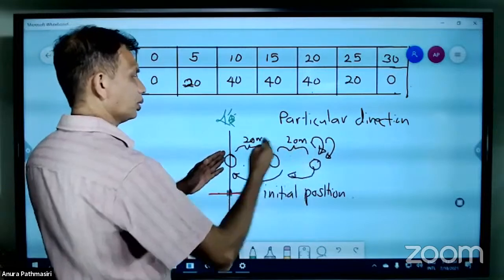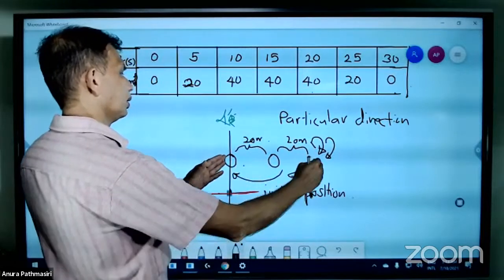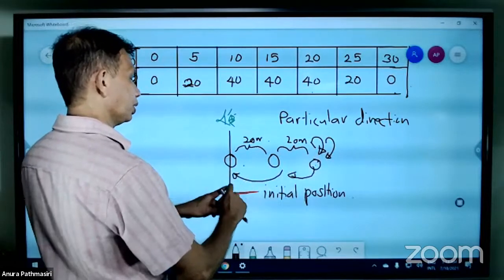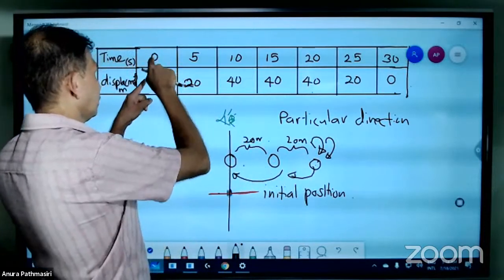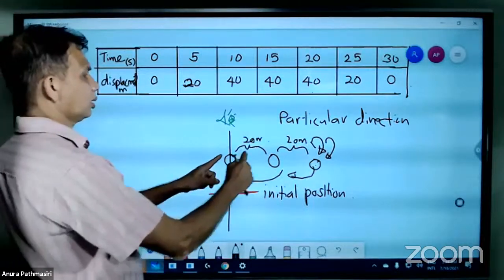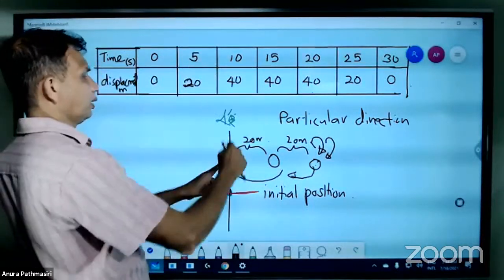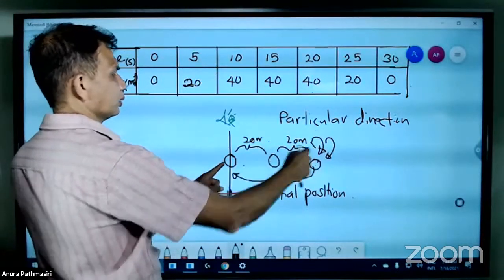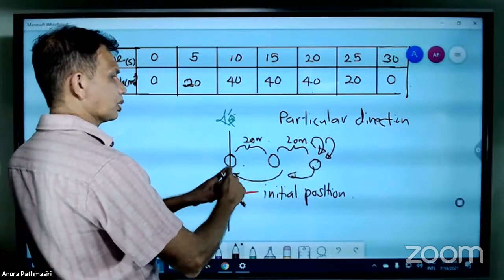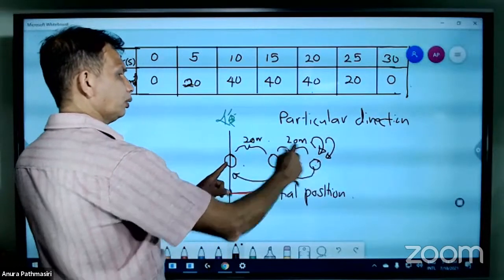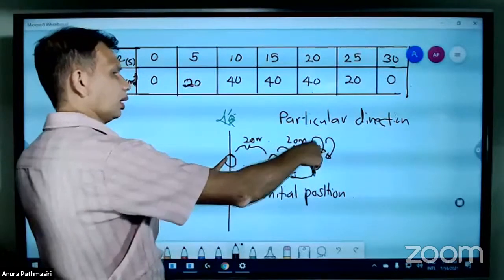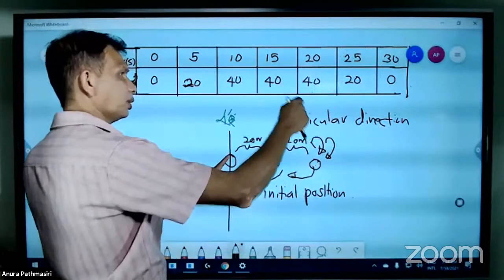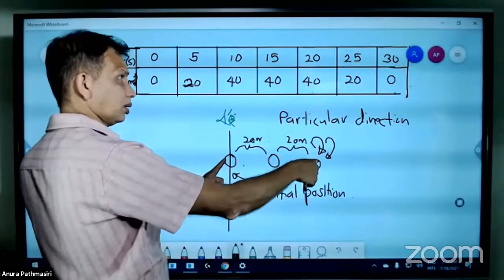The displacement is the shortest length of the path from the initial position to the final position. At time 0, it is 20. When it is 5, it is 40. So from the observer, the object has traveled 40 meters. At 15 and 20 it is still there.